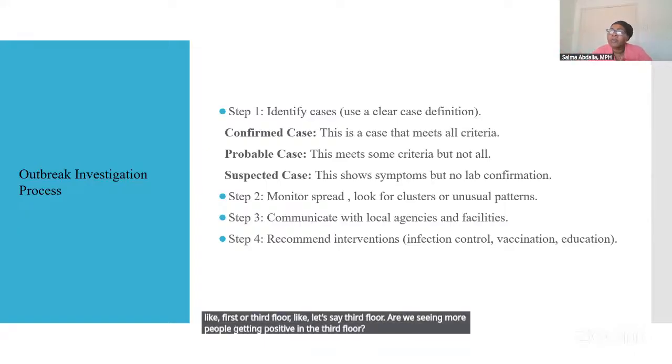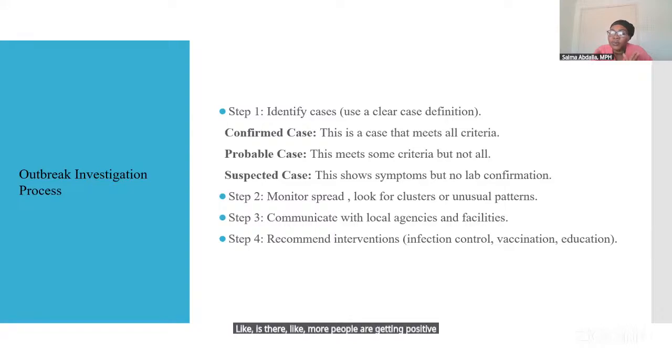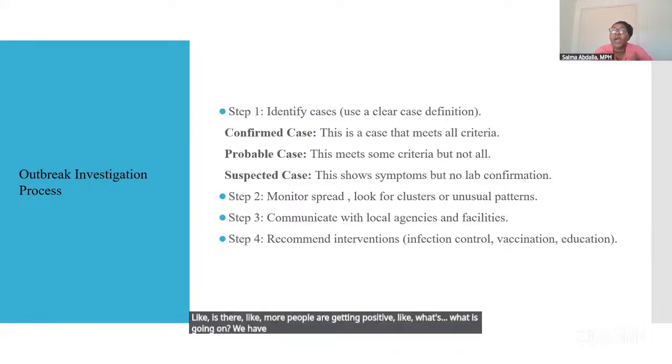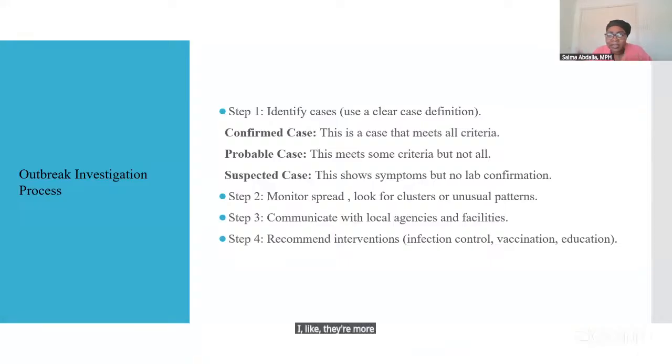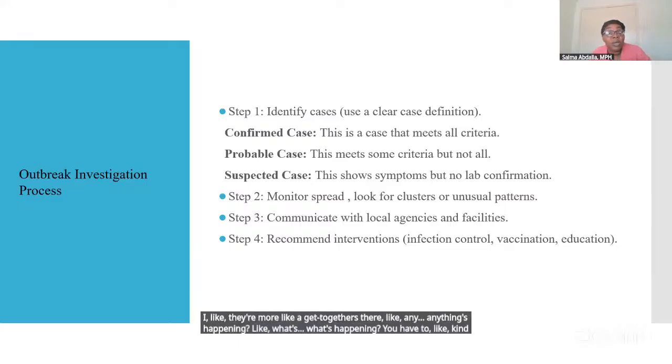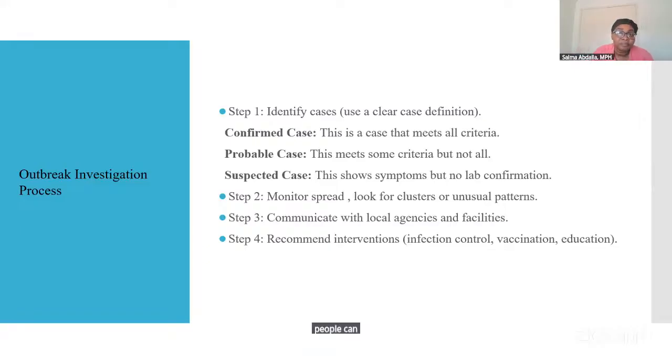What is going on? We have to see why it's happening. Are there more get-togethers there? We have to see what the trend is and why it's happening, so that long-term care facilities can see how they can stop it from happening.